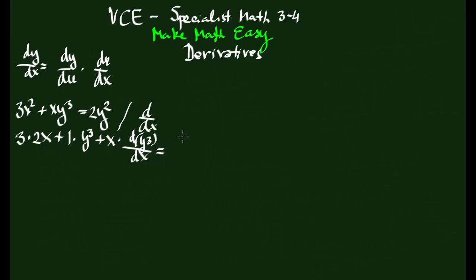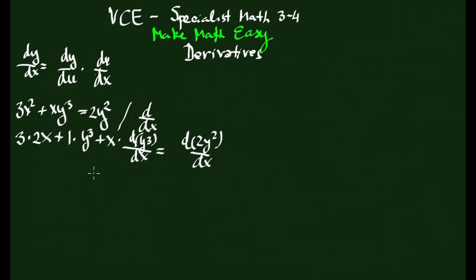So on the other side, we have the differentiation of 2y squared by dx. We can't differentiate y in regards to dx; we can only differentiate y in regards to y.